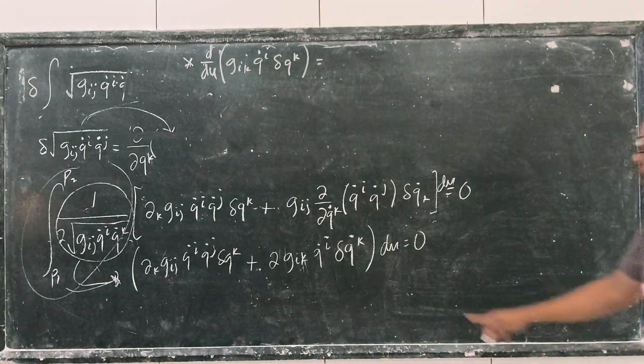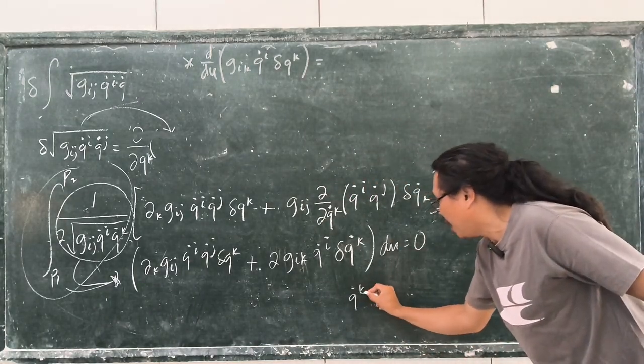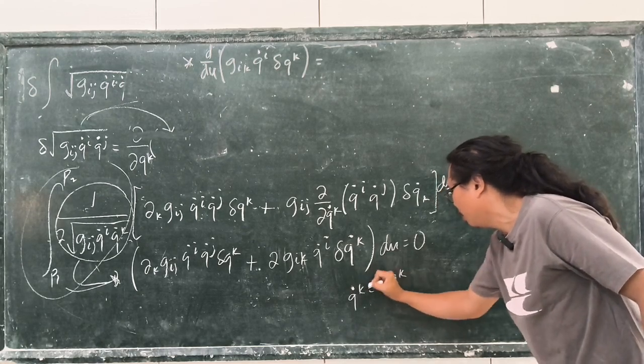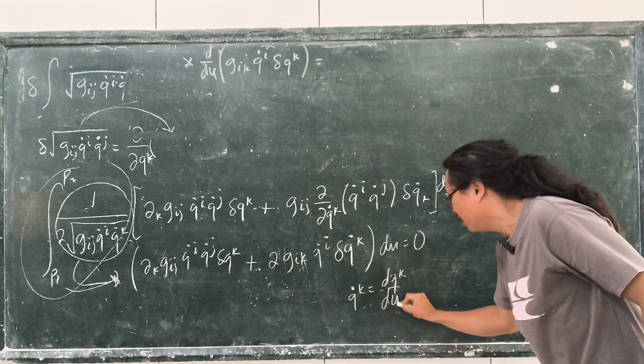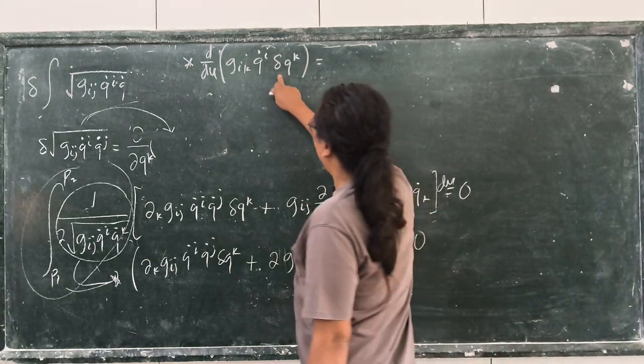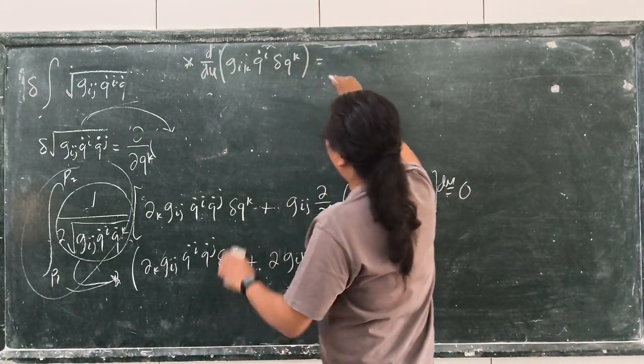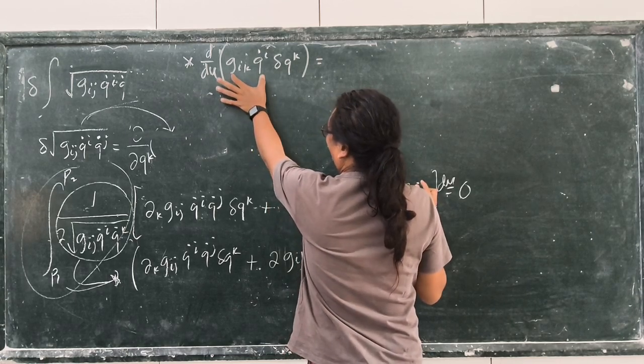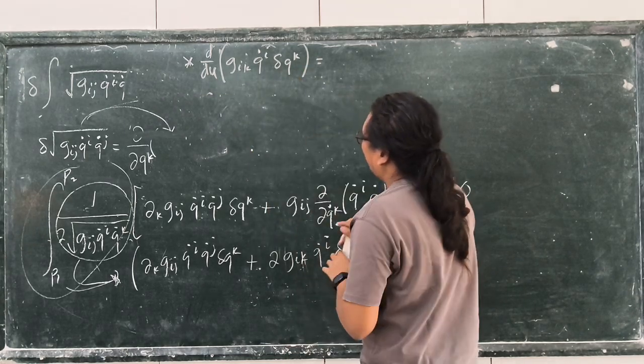Okay? What is Q dot K? Remember that Q dot K equals partial QK over dQK over du. When I apply the product rule, I separate them: first, the second, plus second, the first.